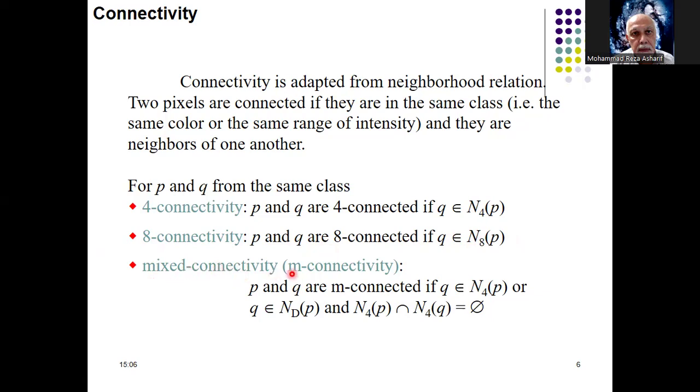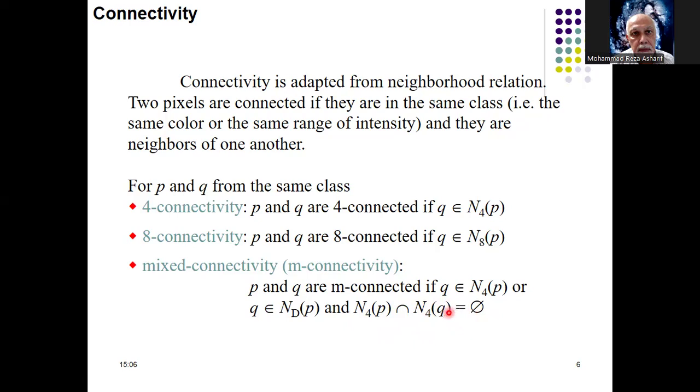Mixed connectivity: P and Q are M-connected if Q belongs to N4(P), or if Q is in ND(P) and the intersection of N4(P) with N4(Q) is empty.